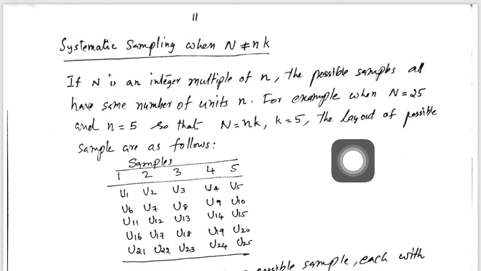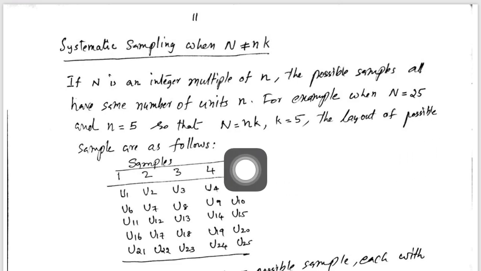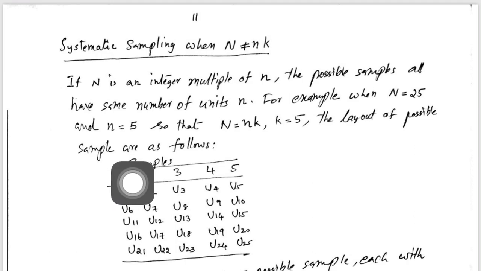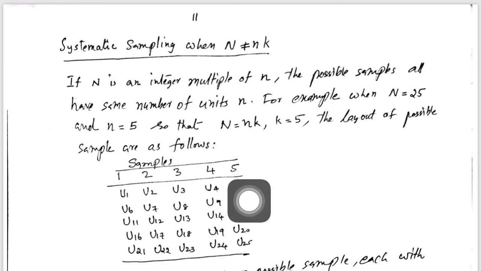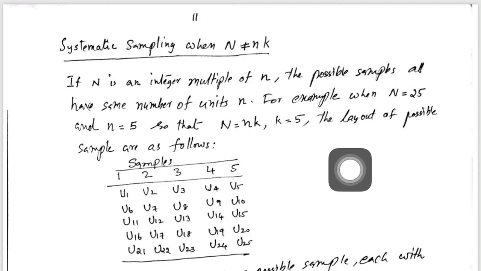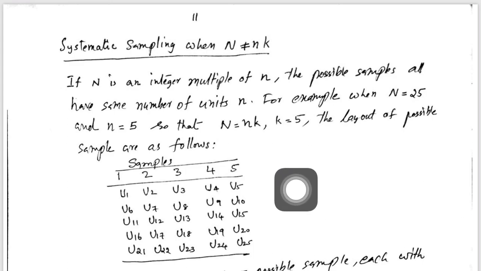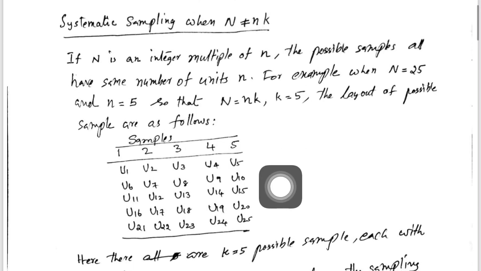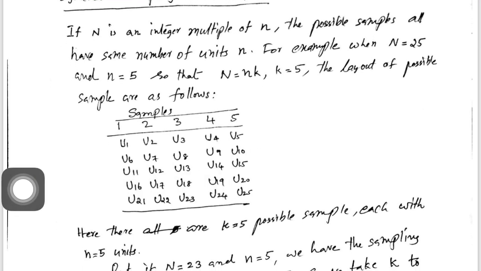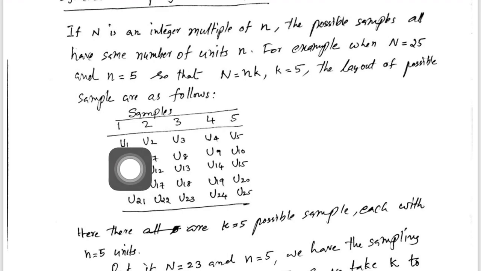The layout of all possible units in the population, or the layout corresponding to all possible samples in this situation, is given here. I note down capital U1 stands for the unit with serial number 1. In systematic sampling, as you know, all the units should first be serially ordered.